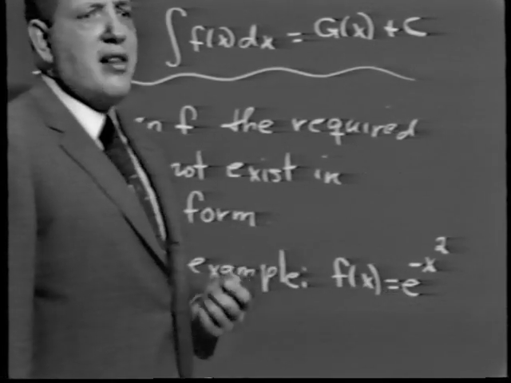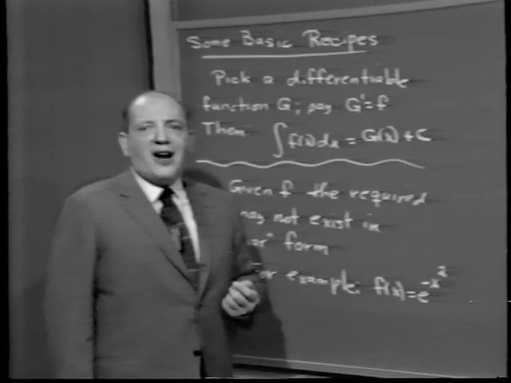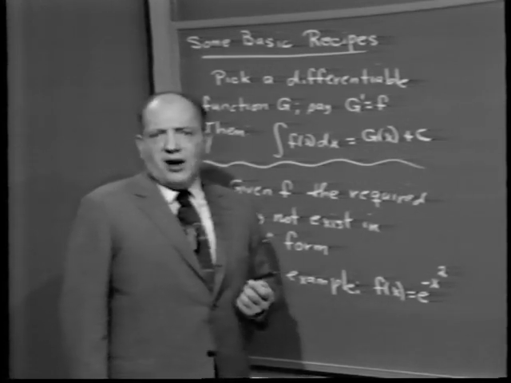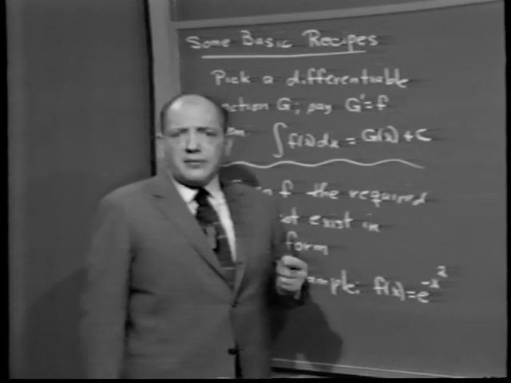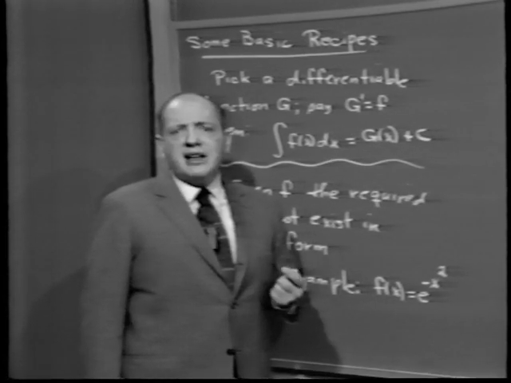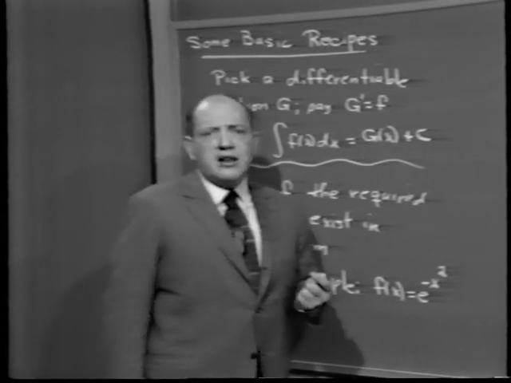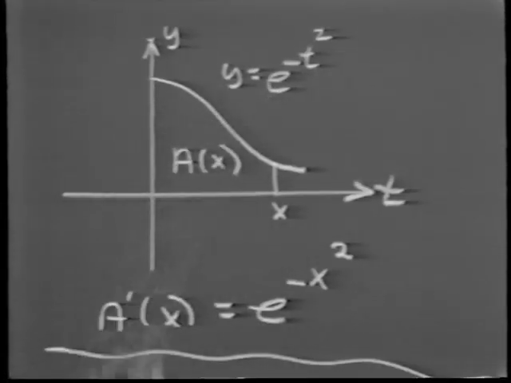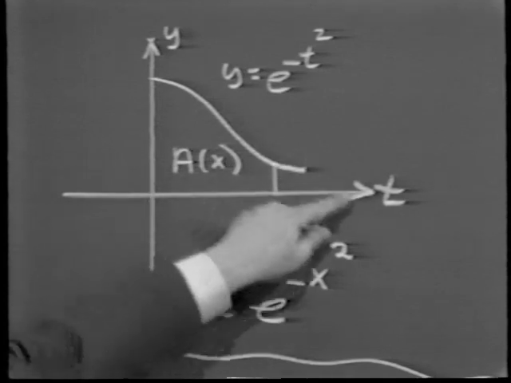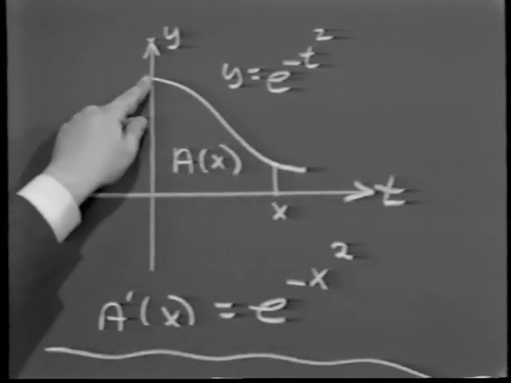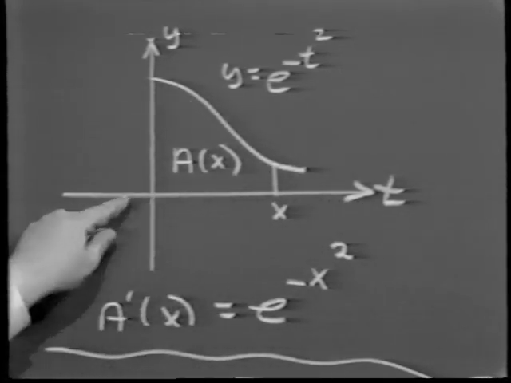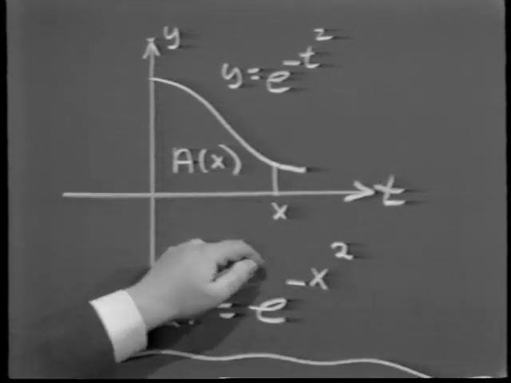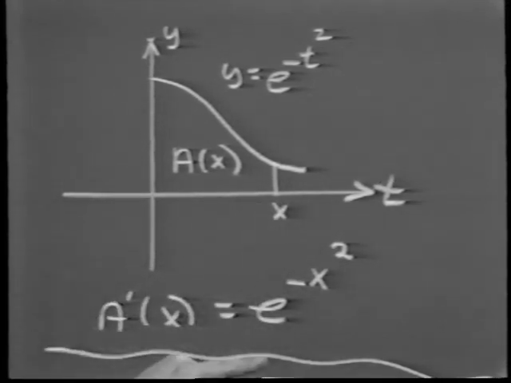In terms of areas, by the second fundamental theorem of integral calculus, we can construct such a function in a rather straightforward way, even though it may be difficult to name it in terms of familiar functions. Namely, we take the curve y equals e to the minus t squared in the yt plane, and compute the area bounded above by that curve, below by the t-axis, on the left by the y-axis, and on the right by the line t equals x.